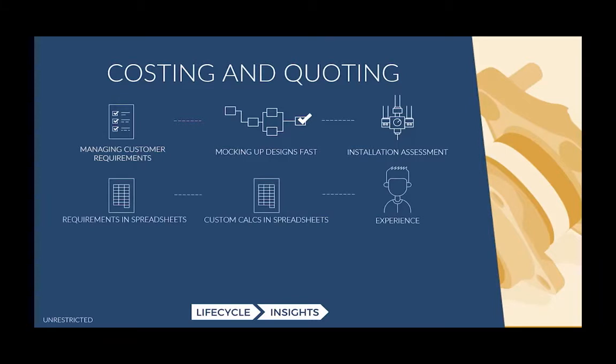Now, traditionally, a lot of providers of these types of solutions or systems rely a lot on spreadsheets and experience. I think that has worked relatively well up to this point. But because of the rising complexity, we've seen a lot of companies really struggle. You fall into those two categories, right?